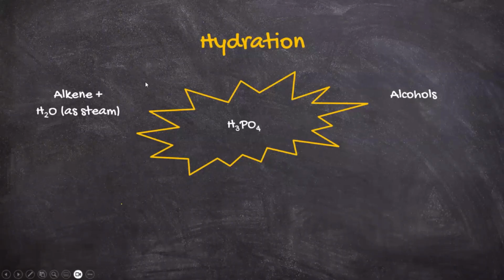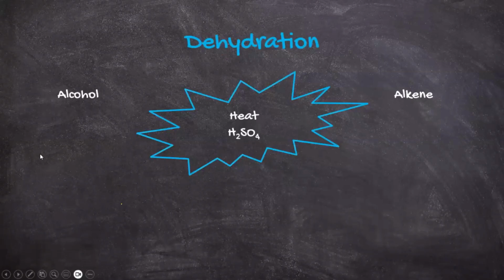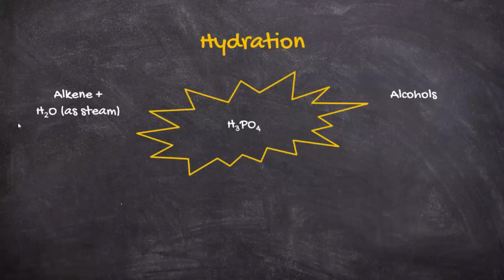Because then it also does the heating up of the reaction at the same time. That's why we do this. So we have the alkene, and we add it to some steam, and the catalyst for this is phosphoric acid. Okay, H3PO4.